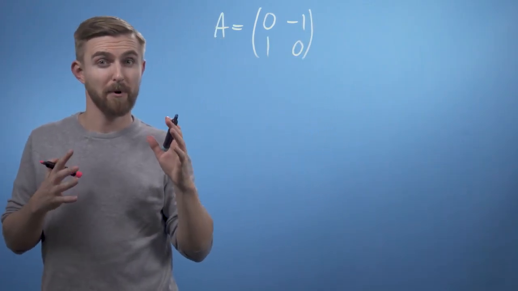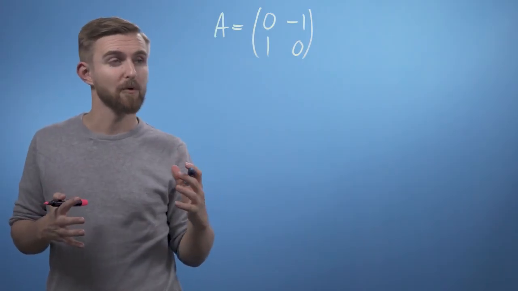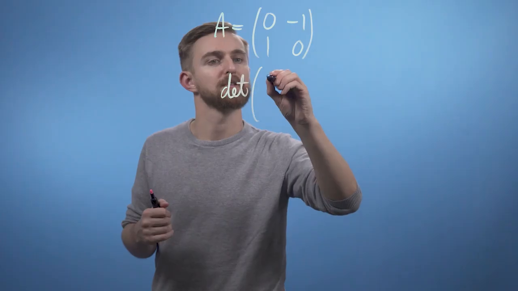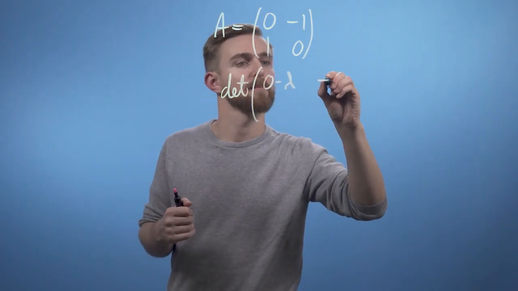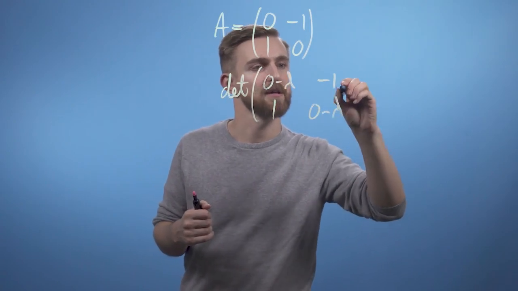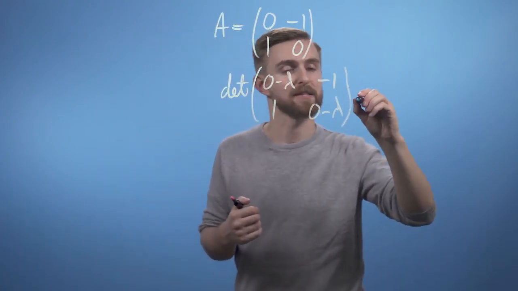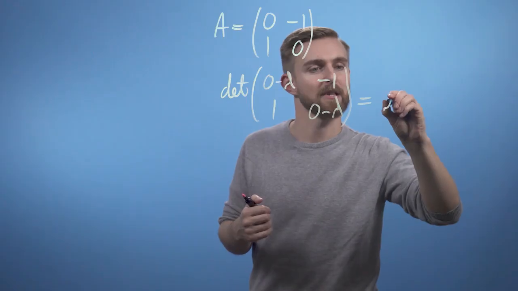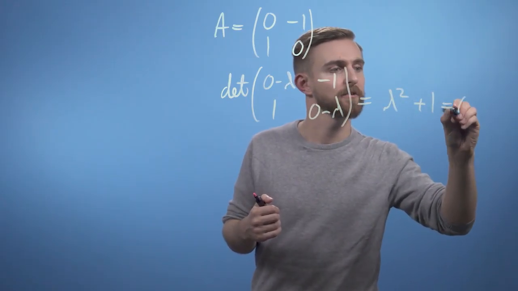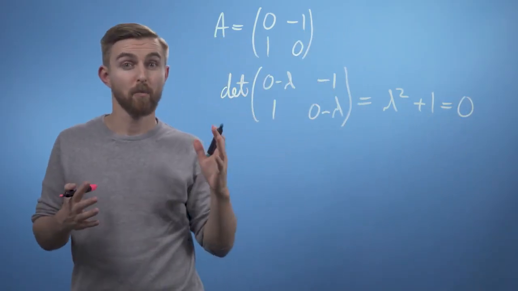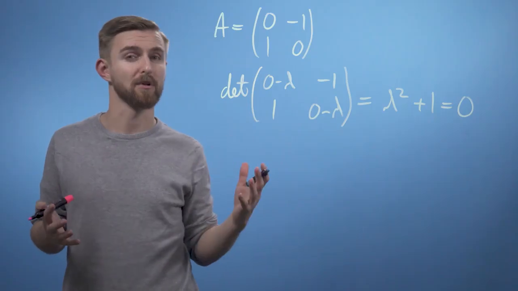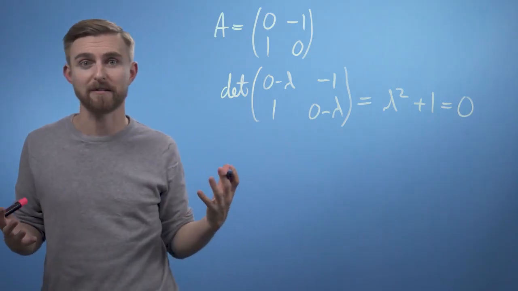Applying the formula once again, we get the determinant of (0 minus lambda, minus 1, 1, 0 minus lambda), which, if we calculate it through, comes out to lambda squared plus 1 equals 0, which doesn't have any real-numbered solutions at all, hence no real eigenvectors.